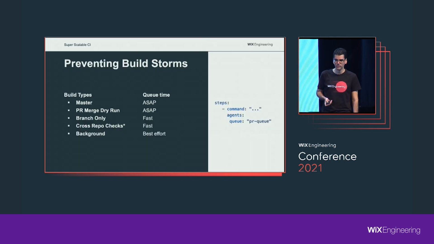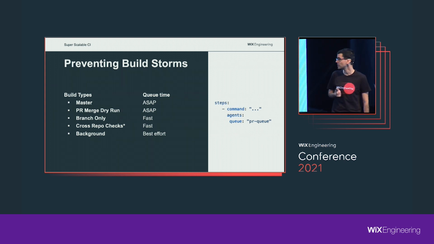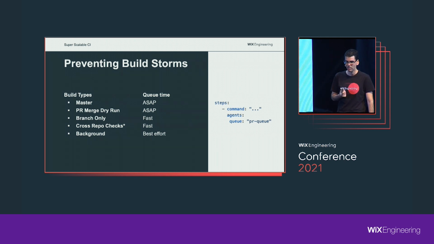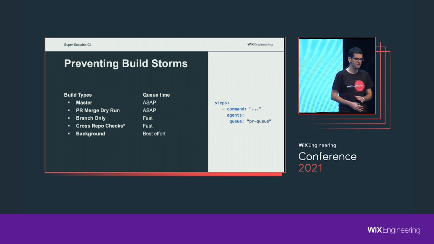That's exactly what we did. We used Buildkite's queuing mechanism, and when we are firing a build, we are explicitly stating on which queue it should run. And then we did a mapping of all of our build types to queue time, right? How fast should they start? Master builds should start as soon as possible, right?